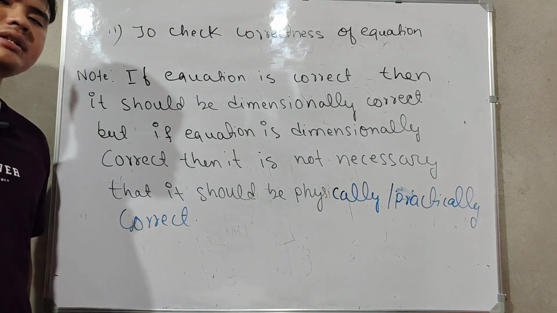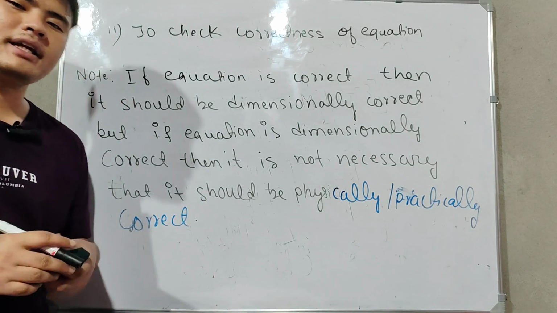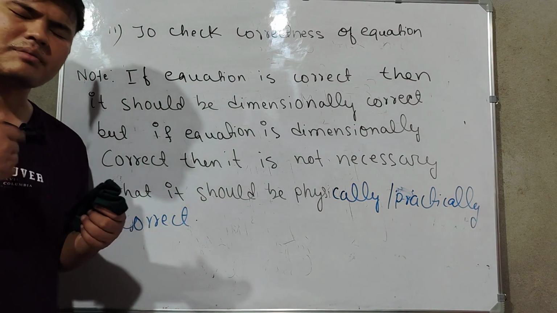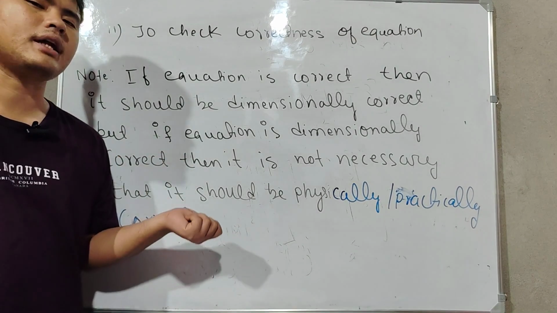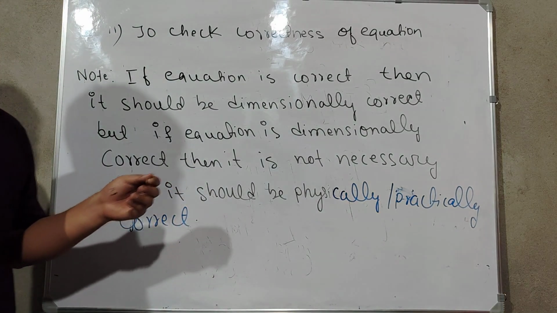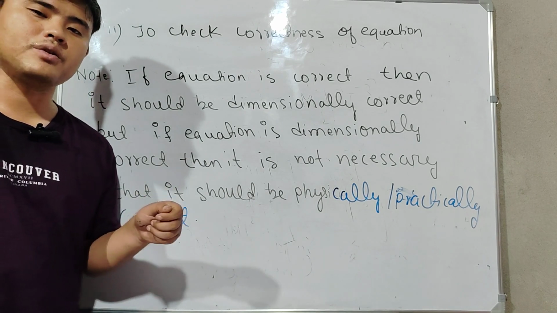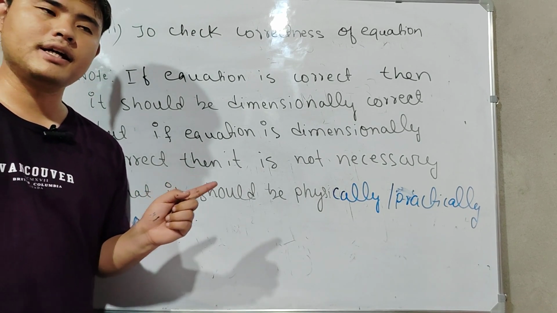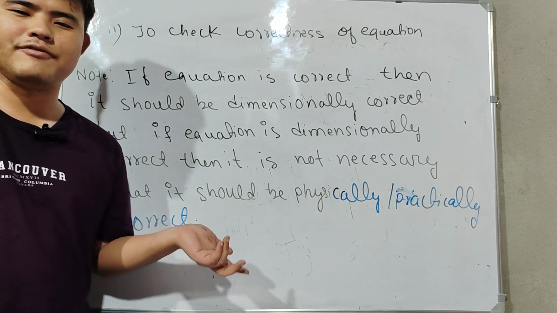Sometimes equations may be dimensionally correct, but practically they are sometimes not correct. Suppose for example, impulse, whose formula is force into time, and similarly momentum have the same dimensions, but they are practically very different.